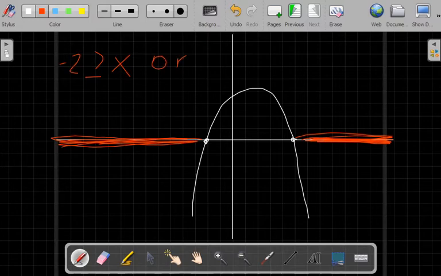Or x has to be greater than or equal to 5. That is just putting this graph into word form, right? Because we know this point is negative 2, and all of these values make it true. So anything less than negative 2 or equal to it makes the statement true, and anything greater than or equal to 5 also makes the statement true.